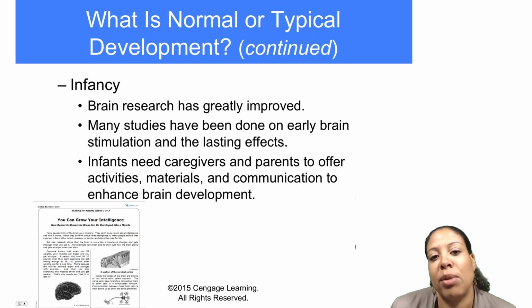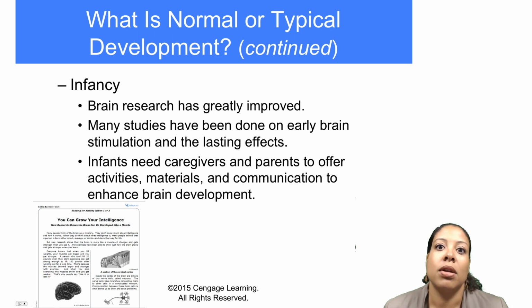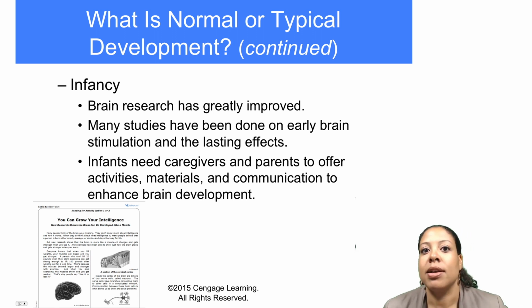And so I think that's really important for us to keep in mind with development and using interventions, understanding that the brain is in fact malleable and that there are certain things we can do that can help develop the brain.